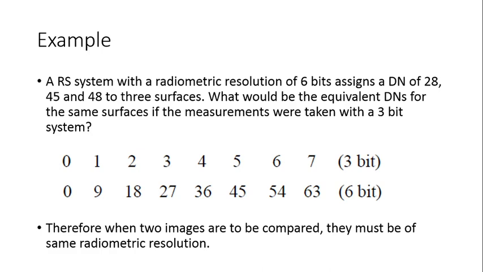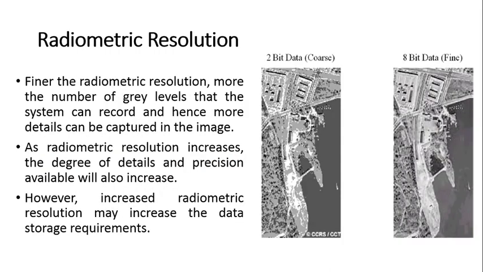See how a difference in bits could change the details in the image, and that's the reason why in this image you have the same color while there is a difference of gray levels in this image. The same holds for a colored image also.